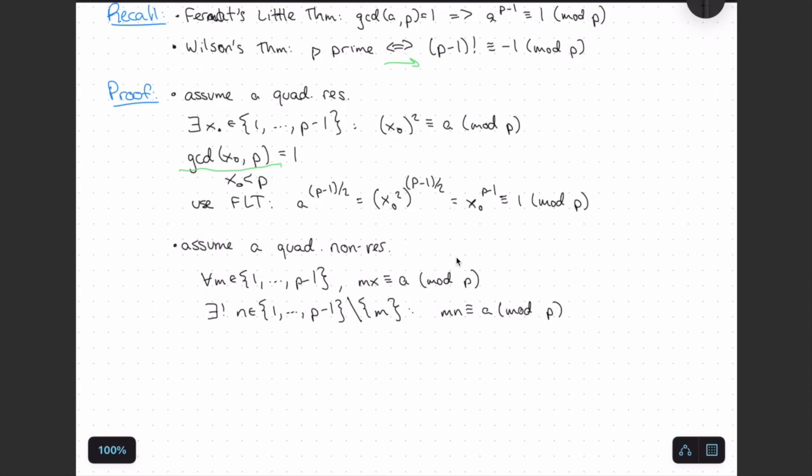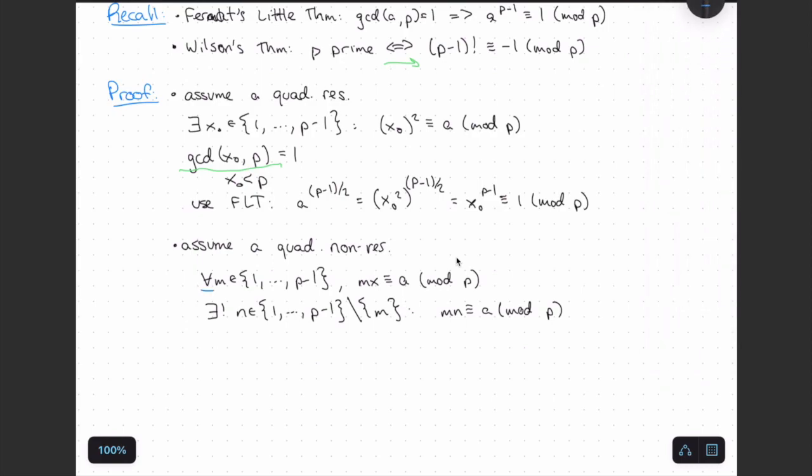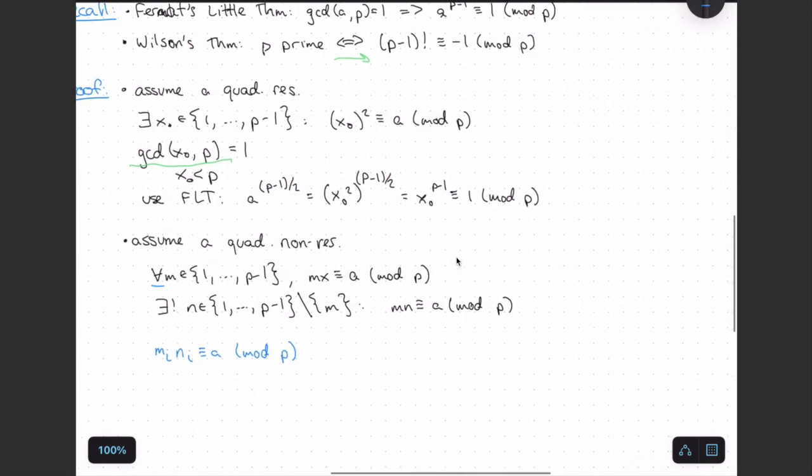Now, I want to point out that every single element this is true for, so we can index these equations. Mi times ni is equivalent to a mod p. i has to be less than or equal to p minus 1 over 2.